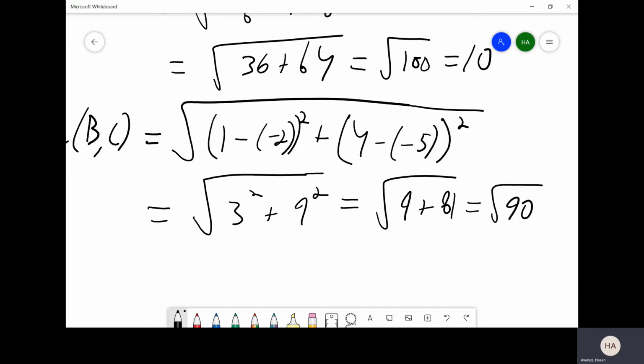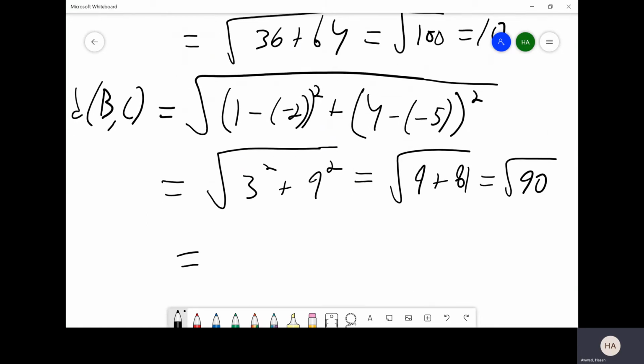Okay, so what we can do is we can then factor the square root of 90. And the reason that I want to factor the square root of 90 is because I want to have it simplified down, so I know exactly how big this is in comparison to the other two sides, right? So square root of 90, well, that's the same thing as square root of 9 times 10.